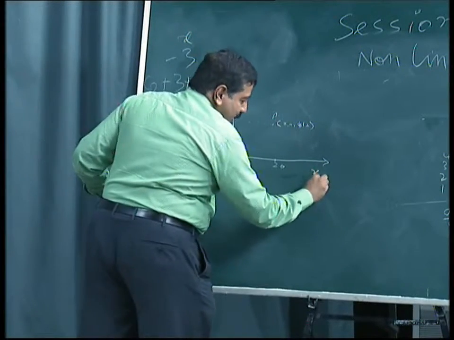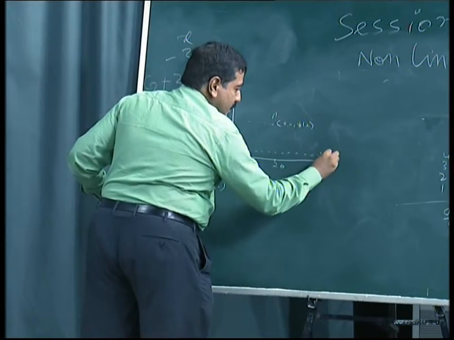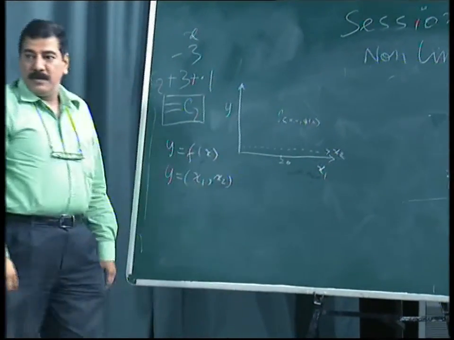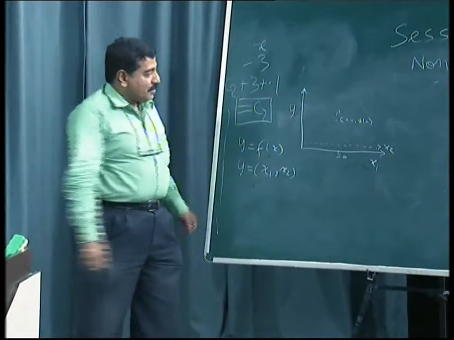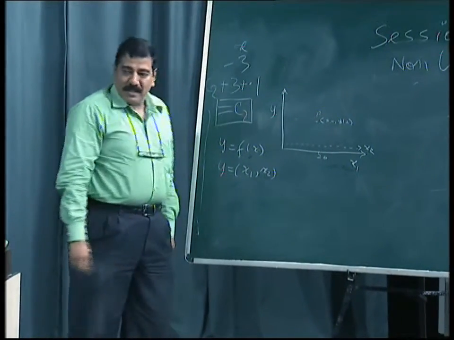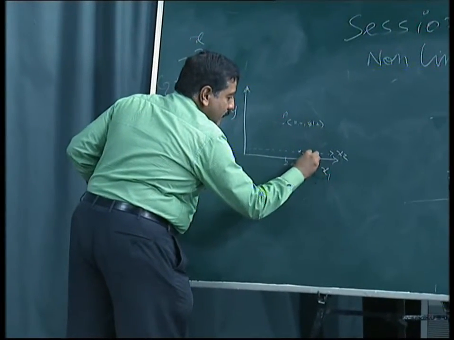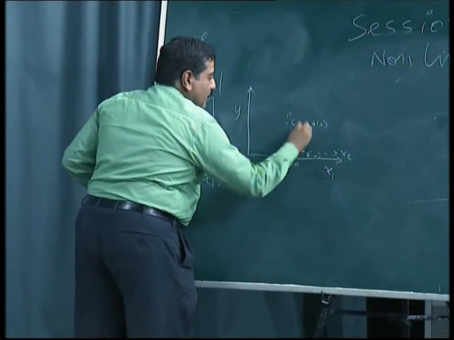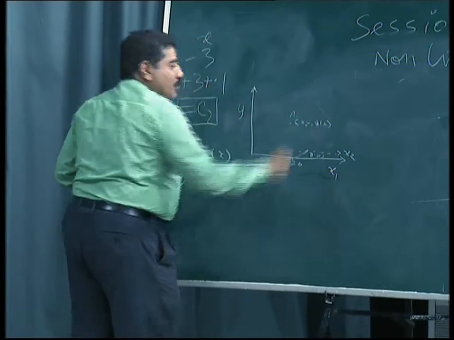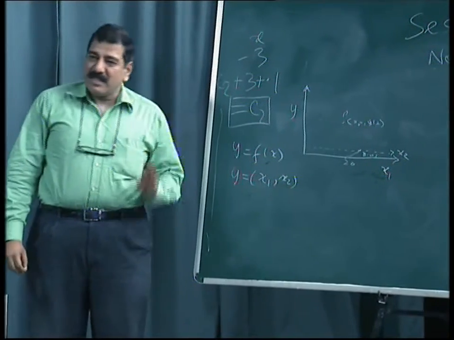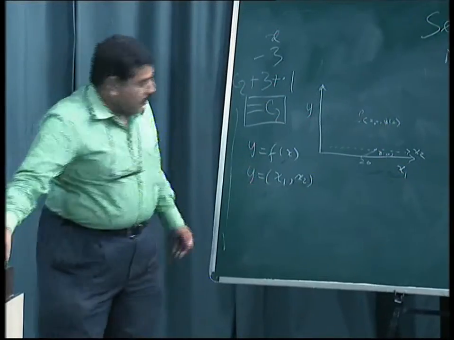So I call this x1 and then assume there is another x2 value over here. Now where is this y going to be? Somewhere over here. So obviously this is 2 and assume this one is 3, and the corresponding y value will be somewhere over here. So we need some way of linking these two and then projecting a point here. So obviously this is getting complicated, and difficult.